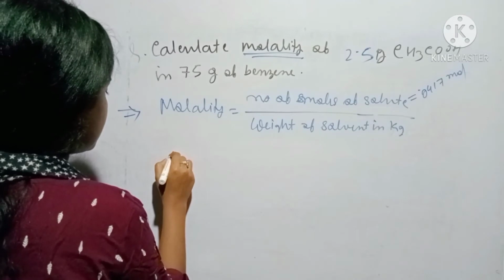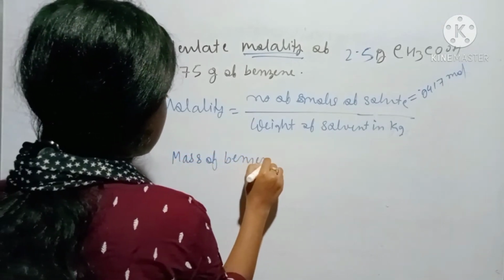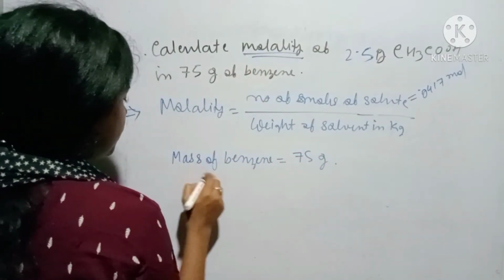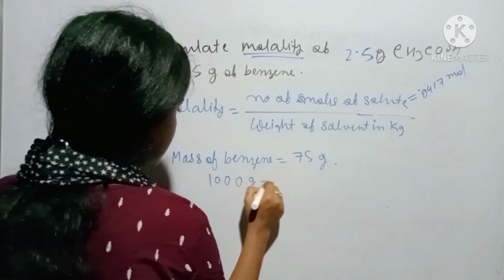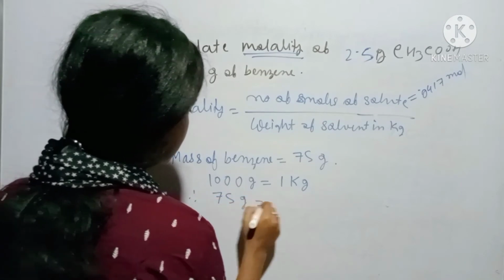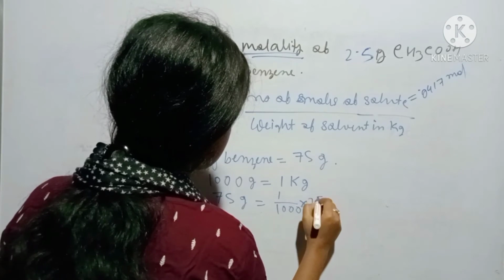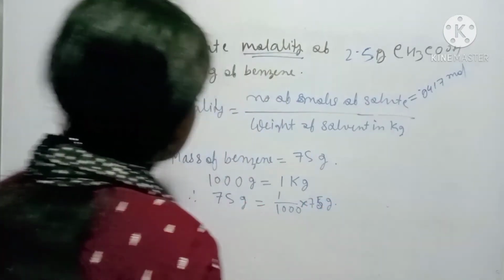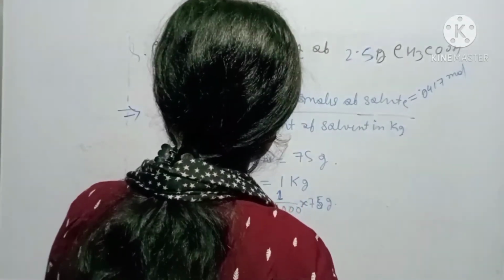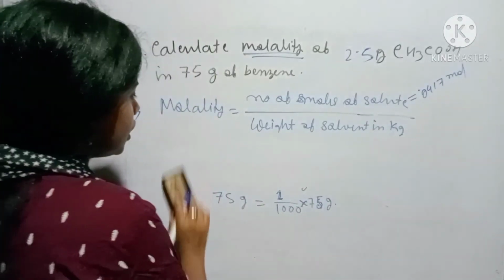So the mass of solvent, I mean benzene, is 75 grams. We know that 1000 gram equals 1 kg, so 75 gram equals 1 by 1000 into 75. I do this just in case you don't understand why this is done, but it seems very easy. You just put 75 divided by 1000, then it's okay.